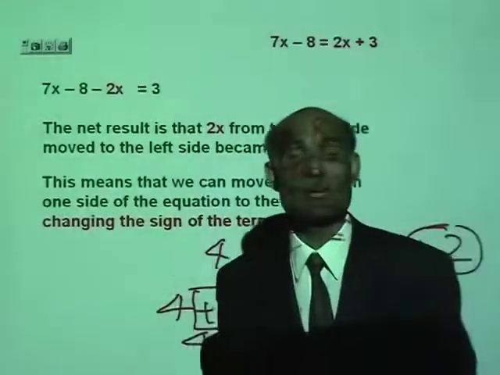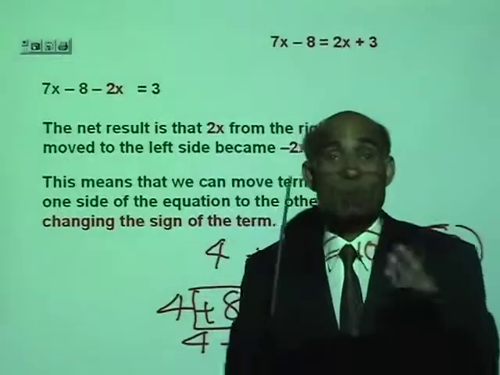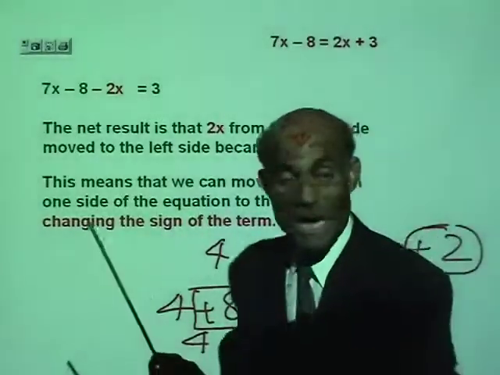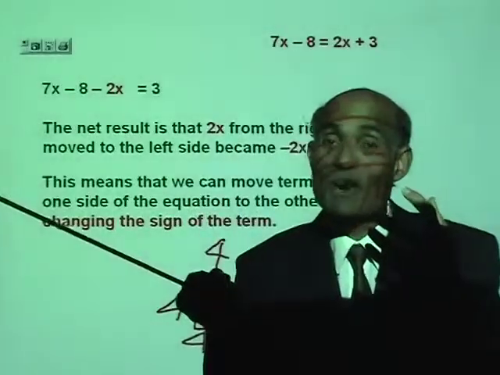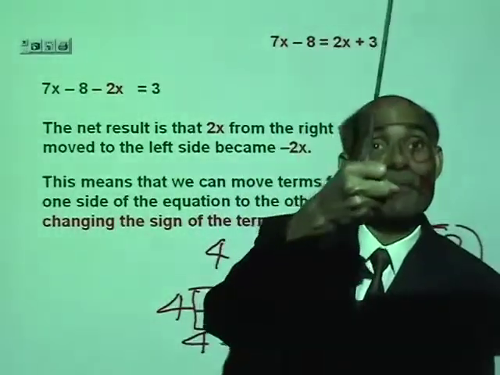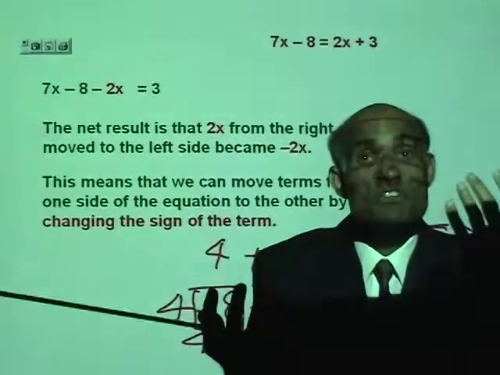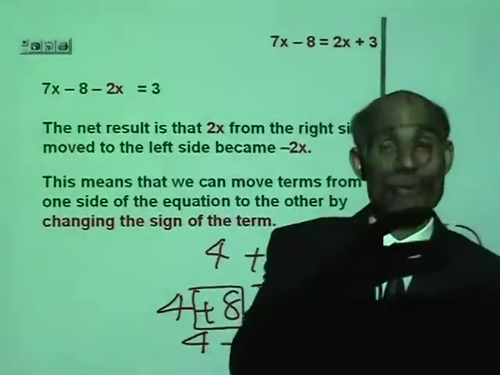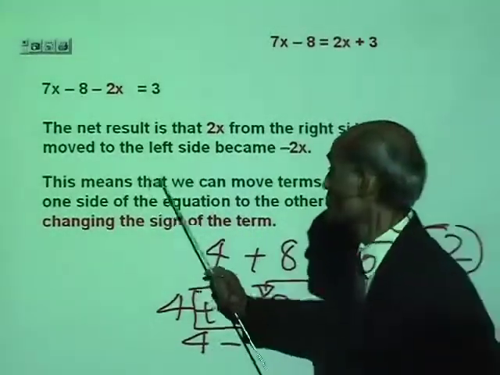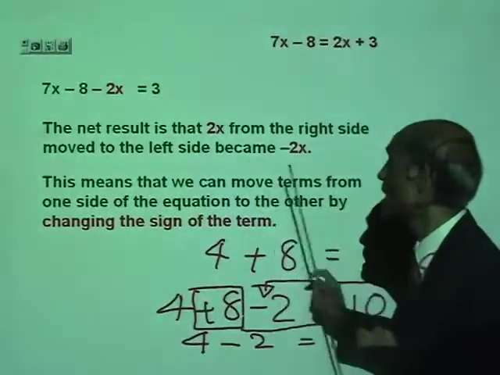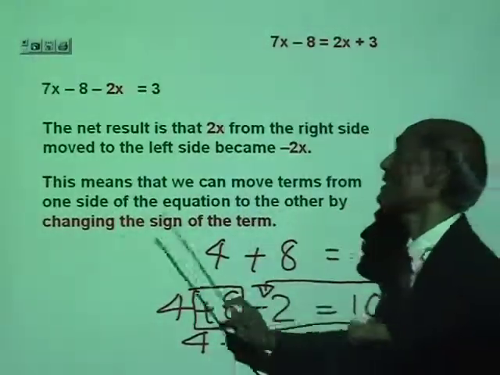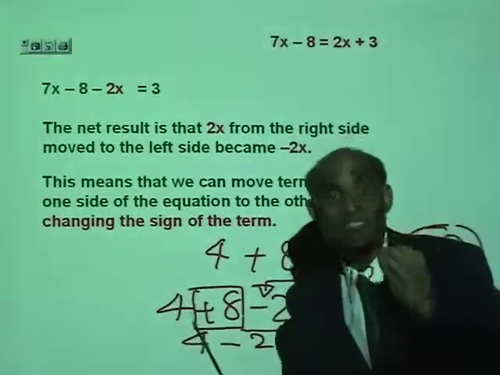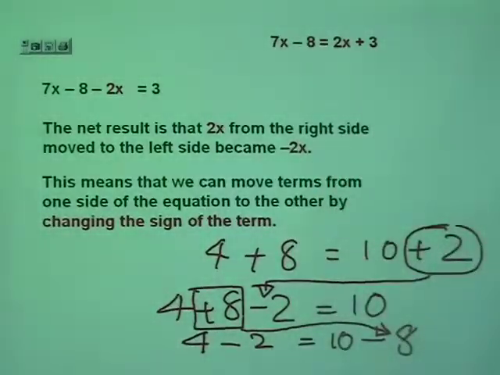So what does that mean? A simple operation, you can actually move terms from one side of the equation to the other by simply changing its sign. Alright, learn that very well. So we can move terms from one side of the equation to the other by changing the sign of that term.